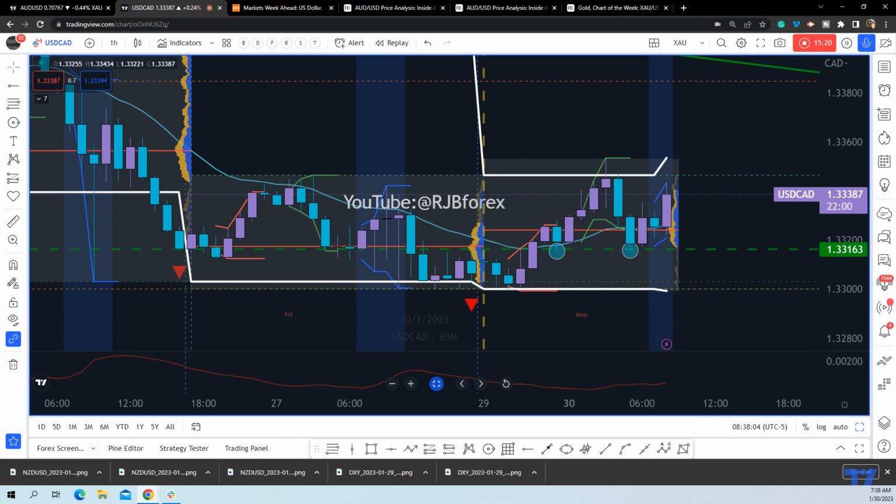It's worth noting that the euro has been the strongest and the Aussie has been the weakest for the day so far.